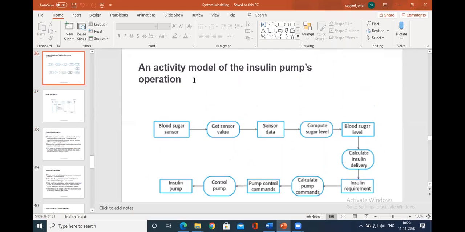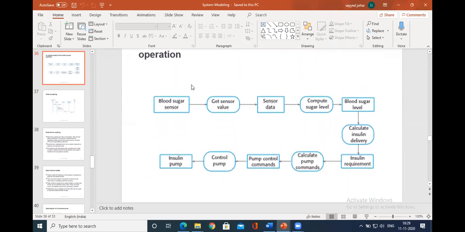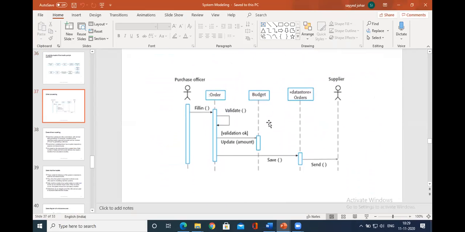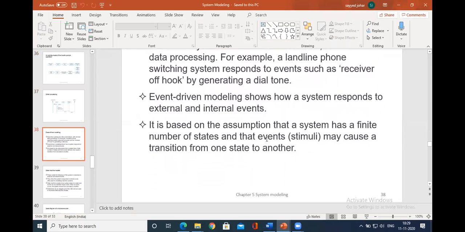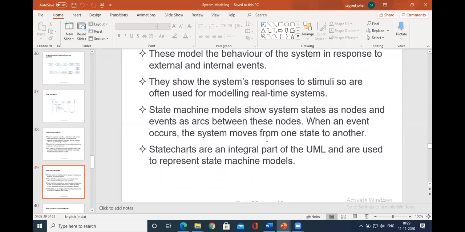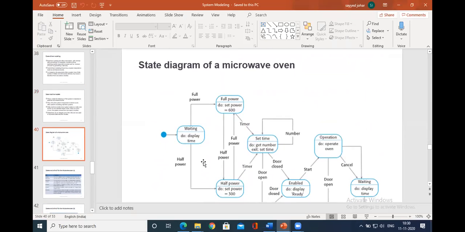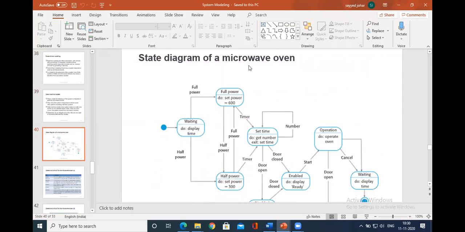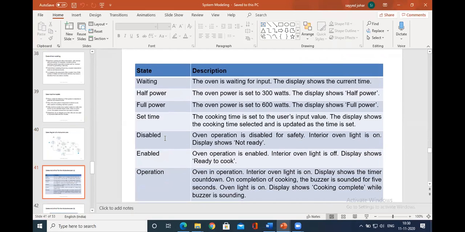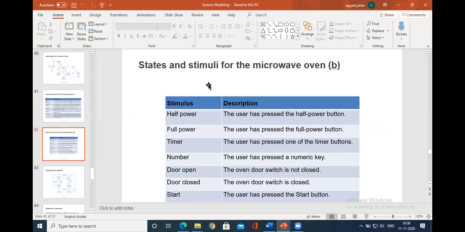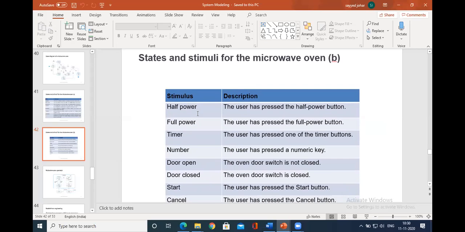Remember, event models are represented either by using an activity model or a sequence diagram, whereas the state models are purely based on state diagrams, for which you need to understand, if the example is a microwave oven, what the states of a microwave oven are: waiting, half power, full power. So I hope all of you can go through the various state diagrams that are given.